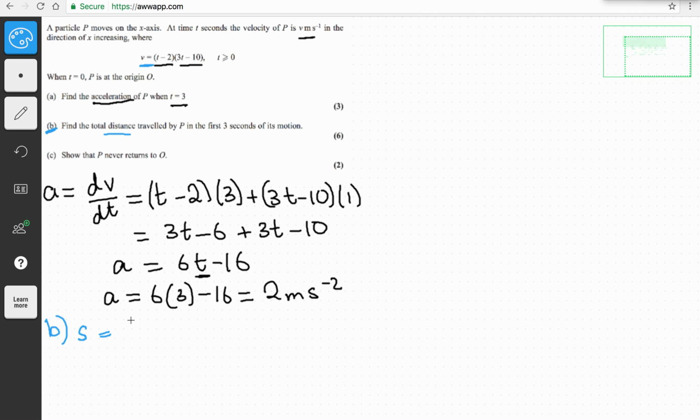Displacement is given by the integral of v with respect to t. I'm going to write the expanded version of v here just to make things easier: 3t squared minus 16t plus 20, with respect to t.